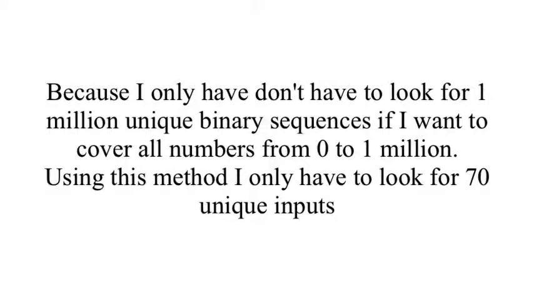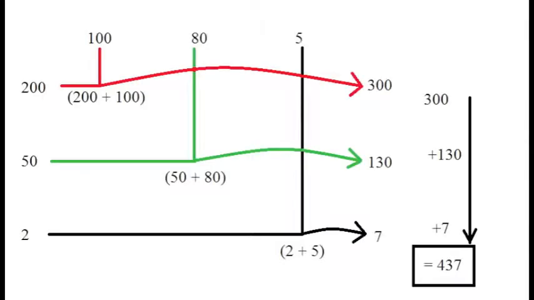So let me explain. In my system, I have the ones added or subtracted to only the ones. Tens are added or subtracted to the tens, and the 100s are added or subtracted to only the 100s.